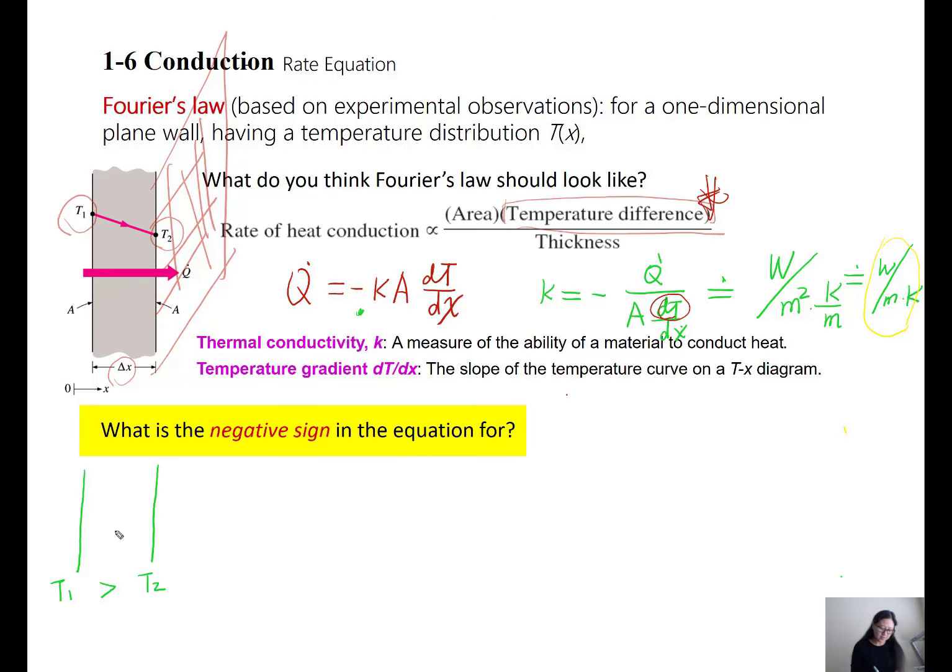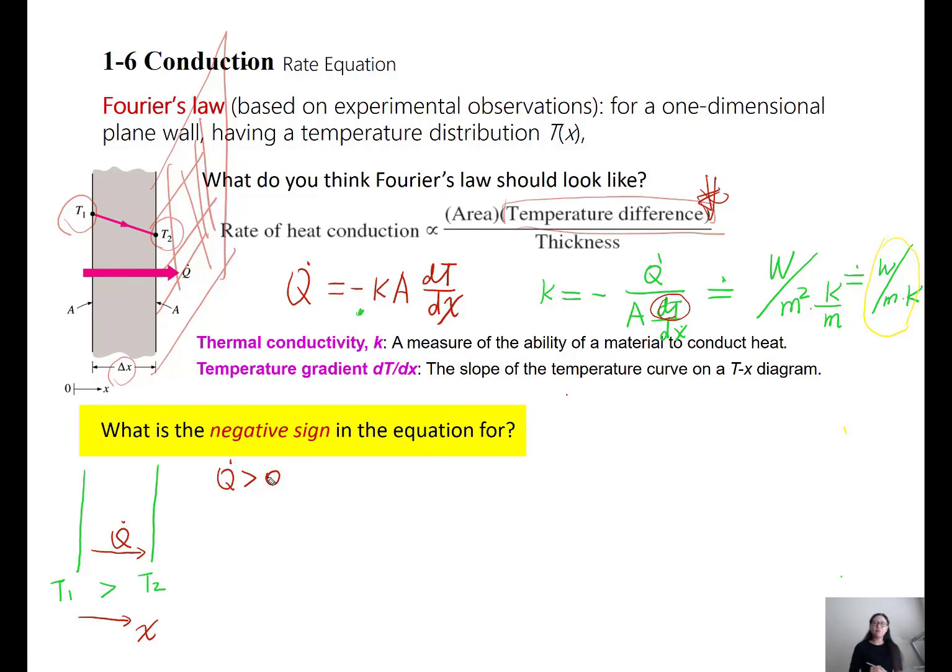So for this case, heat should move from left to the right. Let's define this as the positive x direction. So for this case, the direction of heat transfer is consistent with the direction of x. So we know our Q should be positive.